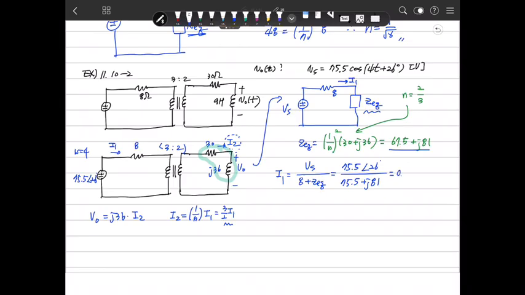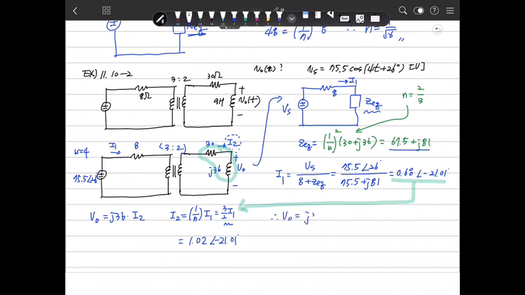So the calculated result is 0.68 at minus 21.01 degrees. So from that, I2 is 1.02 at minus 21.01 degrees.